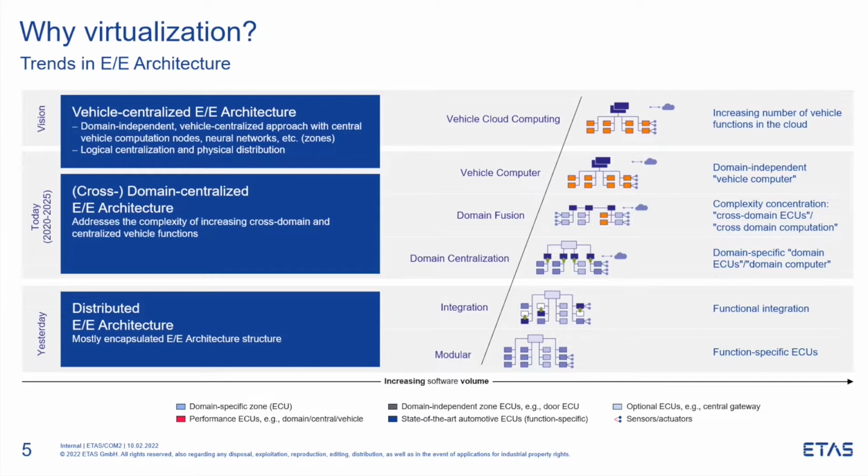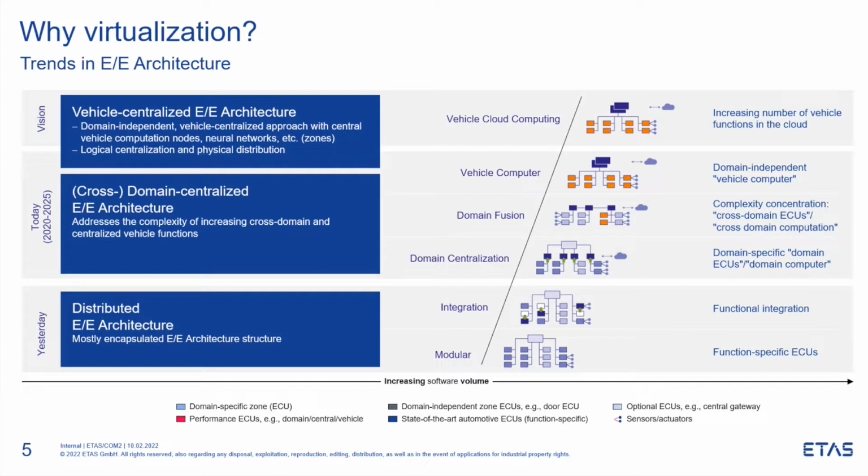And in future, this is expected to become more and more domain independent with a vehicle centralized approach and eventually increasing the number of functions that are then moved into the cloud. Currently, we are somewhere in this domain here with the cross or domain centralized EE architecture. Such an architecture leads to a consolidation of several functions, which means that there is reduced hardware and more software-based solutions.